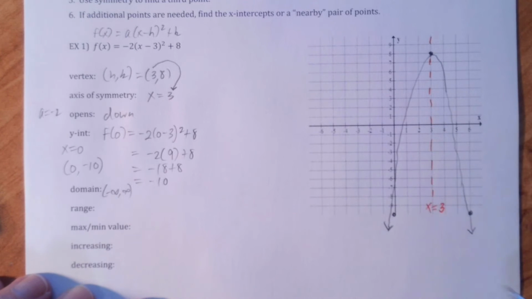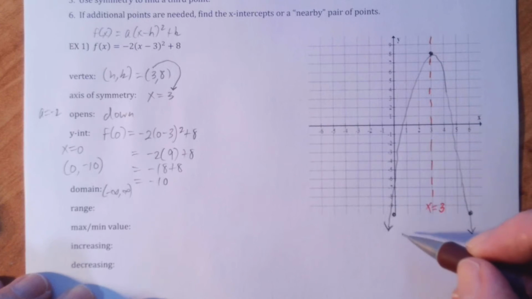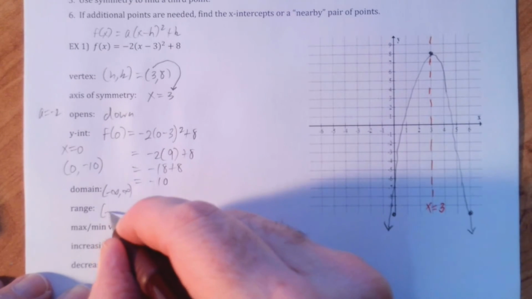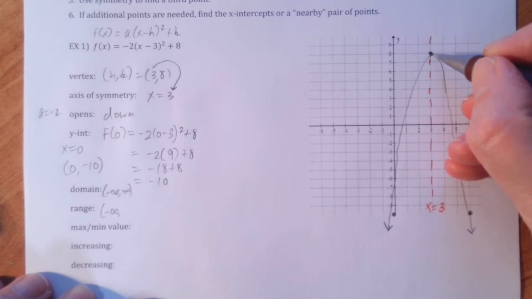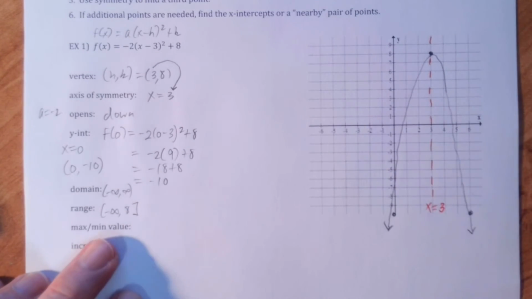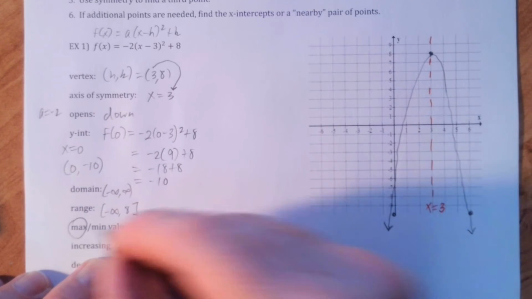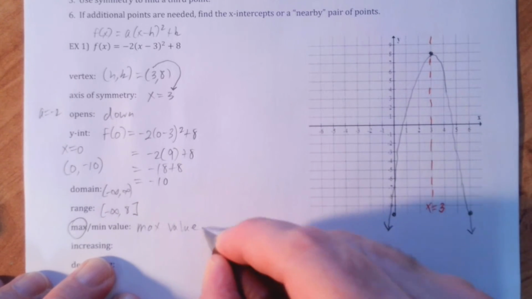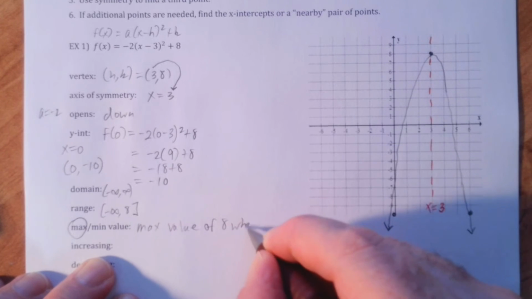For the range, remember we go from the lowest point to the highest point, moving along the y-axis and looking at y values. Well, there is no lowest point, so we'll call that -infinity. And notice we do have a highest point, and the y value there is 8. We do have a maximum value of 8 when x is 3.